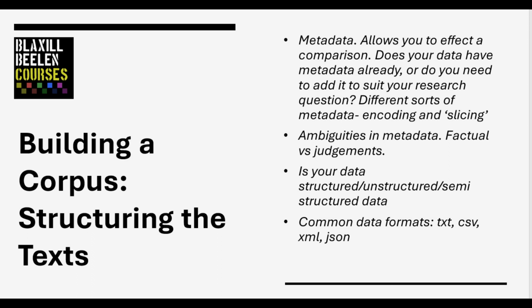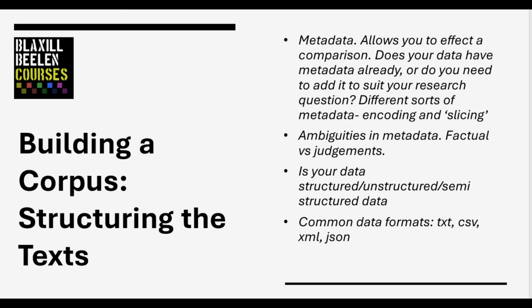For example, text is just a sequence of characters and contains no other information. Finally, there's semi-structured data, which is a combination of structured and unstructured data. Some parts of the document might follow a data model, whereas others might not. For example, in parliamentary data, the date field, the speaker ID, or the sequence of speeches might be structured, but the actual text of the speech might be unstructured.